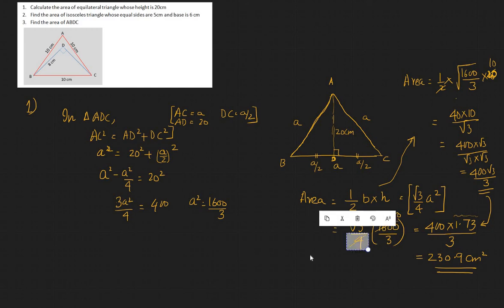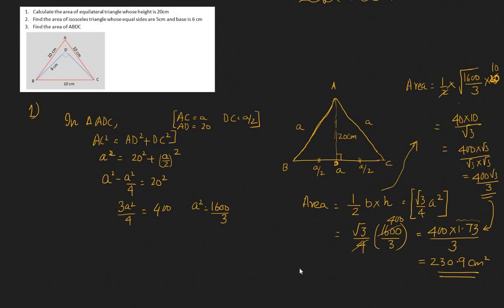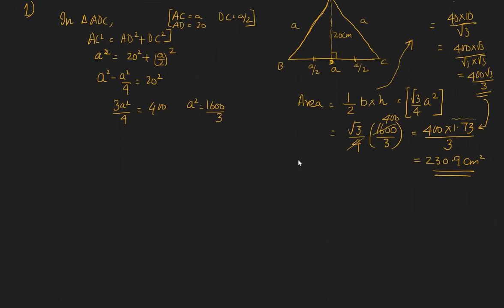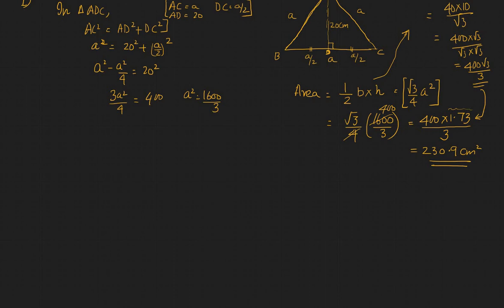Now let's do the next problem, which is the area of an isosceles triangle whose equal sides are 5 and base is 6. So this is 6 centimeters and this is 5 centimeters and 5 centimeters.